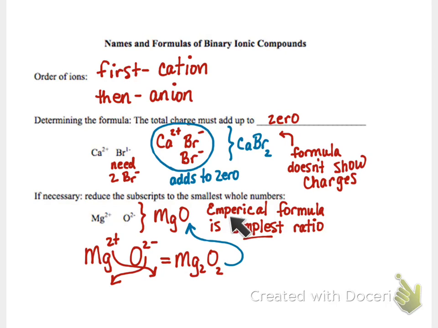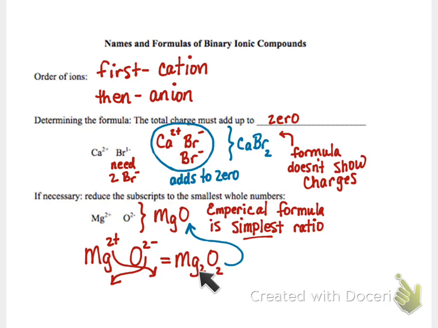You can also get the formula by crisscrossing the numbers of the charges. So if you do that, magnesium has a 2, oxygen has a 2, and those numbers end up as subscripts for the other ions. So the 2 on magnesium is the subscript on oxygen. The 2 on oxygen is the subscript on magnesium.